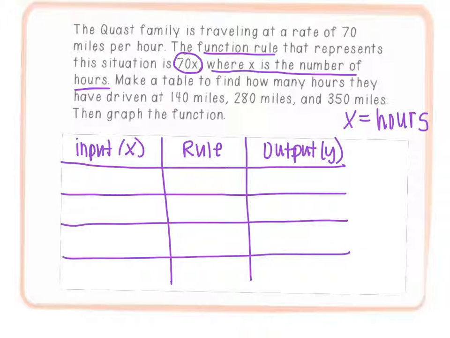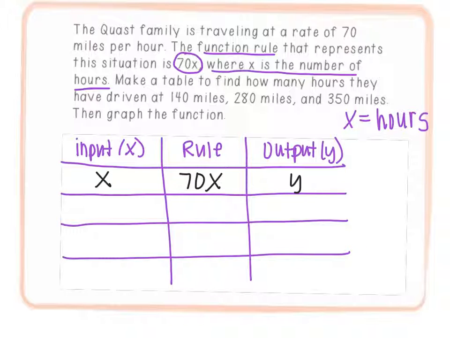Okay, they told us right up here that the function rule is 70x. And this is just x, and this is y.